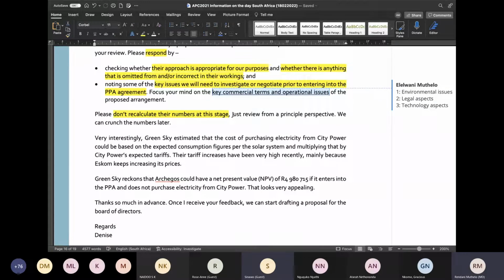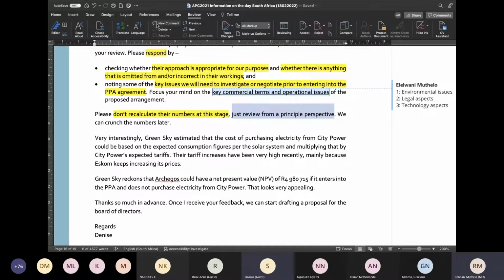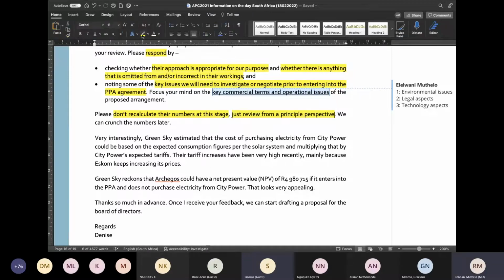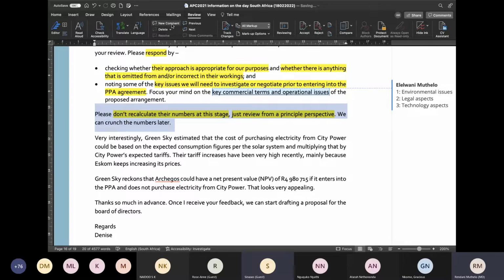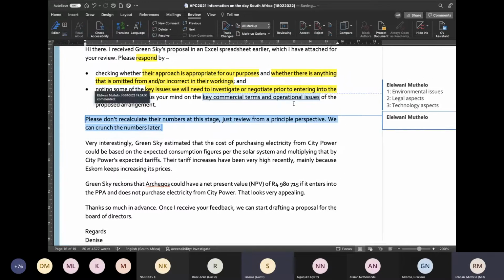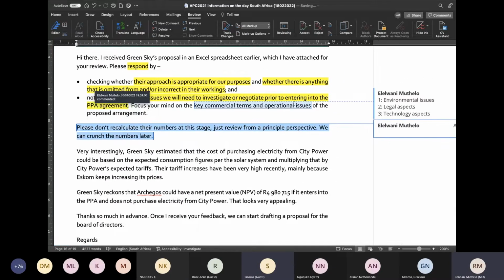Just a review from a principal perspective. And when we talk about a review, this is how I want you to think about it, especially for a technical issue like this.